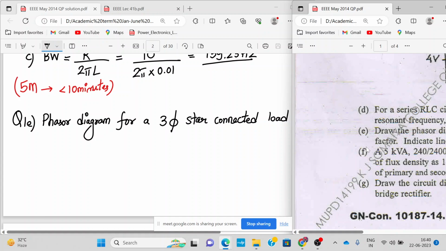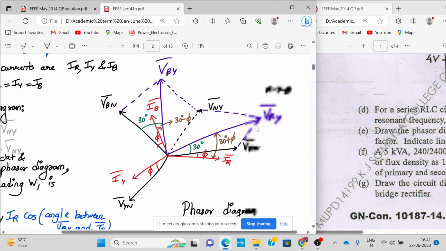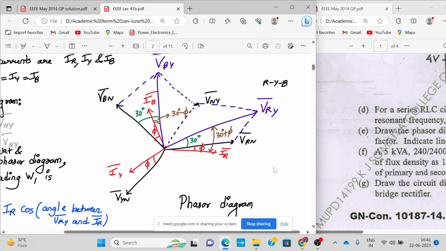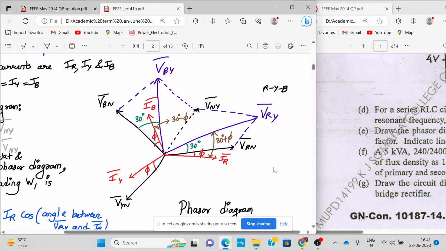I am also checking in the LMS, in the three-phase circuits. Lecture number 40, let me check. This is also true, this can be done, but this is much simpler. This is using the two wattmeter method.